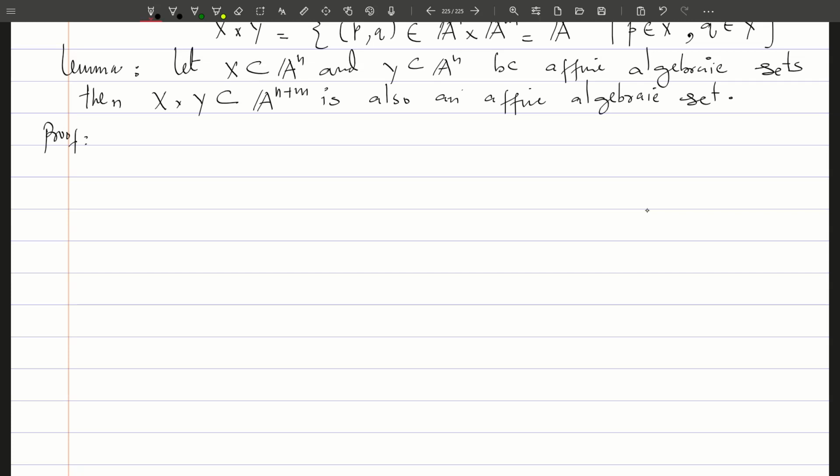First, let us consider x1 up to xn and y1 up to ym. Let us suppose they are the coordinates on A^n and A^m respectively.